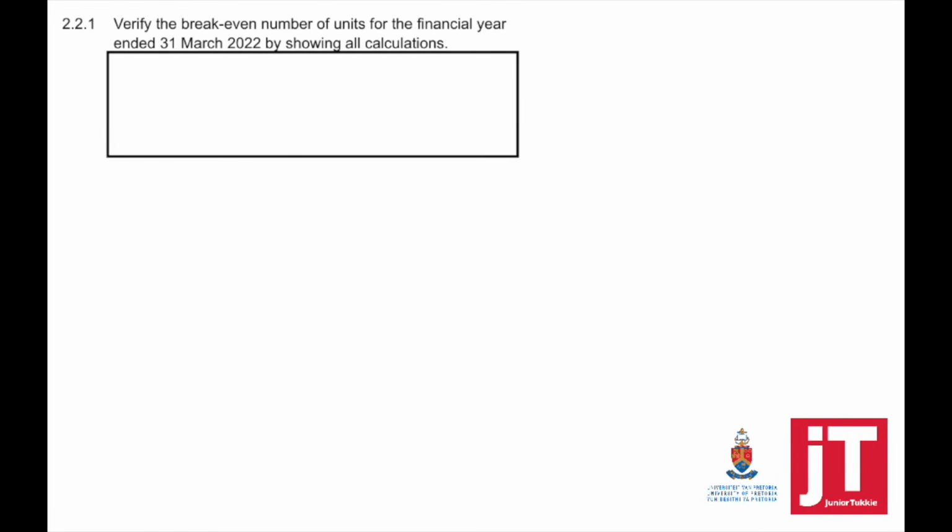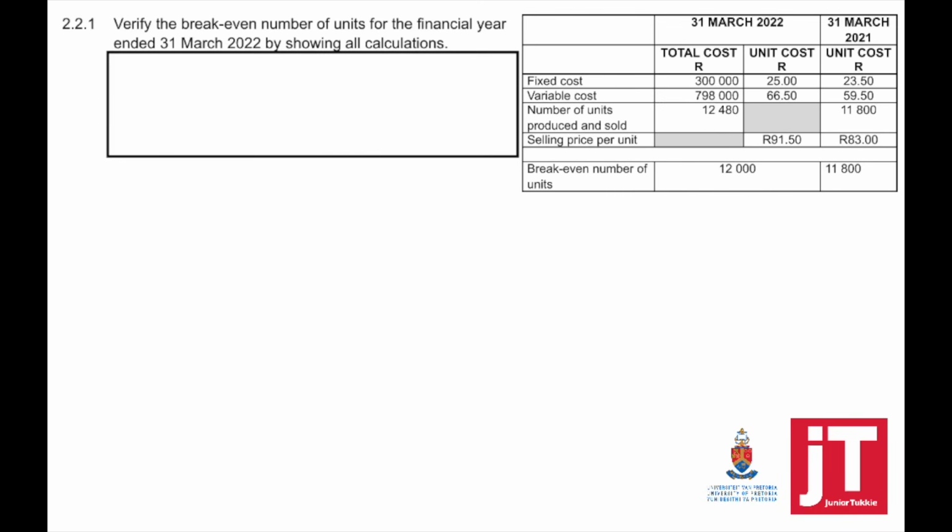So if we're looking at verifying the break-even point, how do we calculate the break-even point? It is your total fixed cost divided by the selling price per unit minus the variable cost per unit. Remember, selling price per unit minus variable cost per unit equals my contribution per unit.